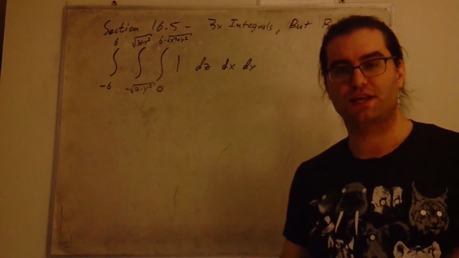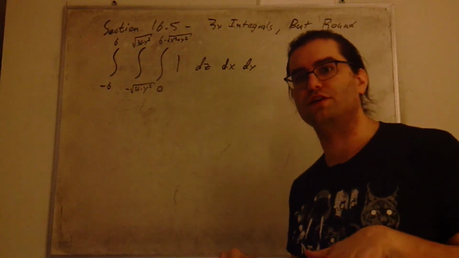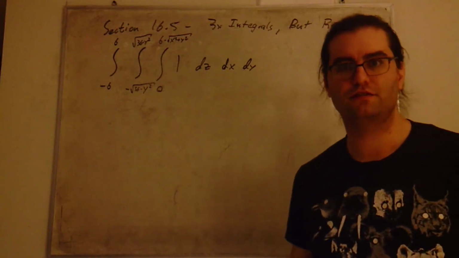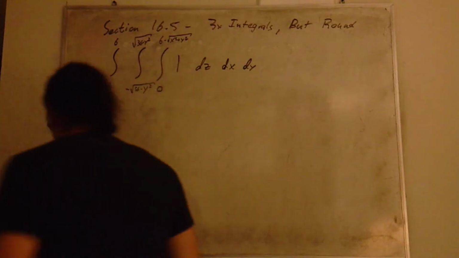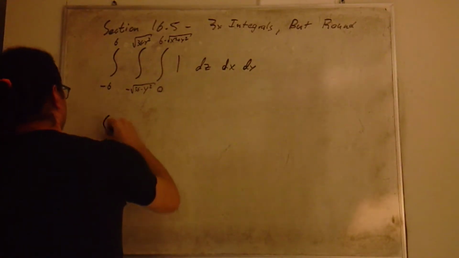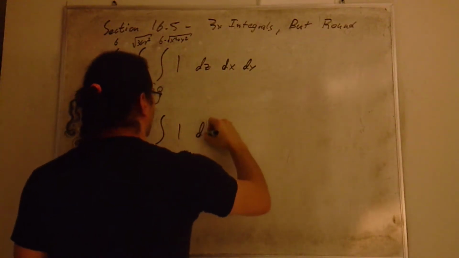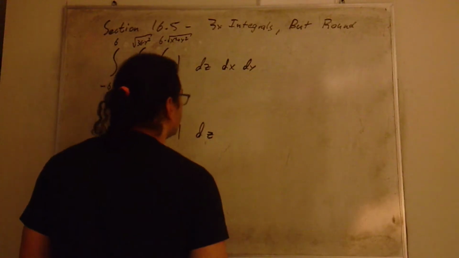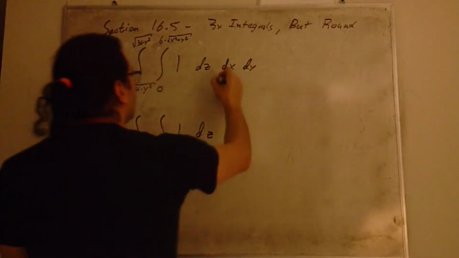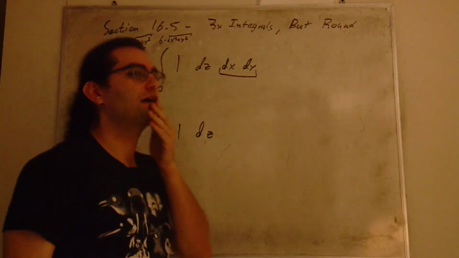Z is going to stay the same. X's and Y's are going to transform into r's and thetas, and we'll see whether or not that looks better. So I'm going to set it up as a triple integral. I'm still integrating 1. I'm going to have a dz. That part's not going to change. I need to transform the dx and the dy.